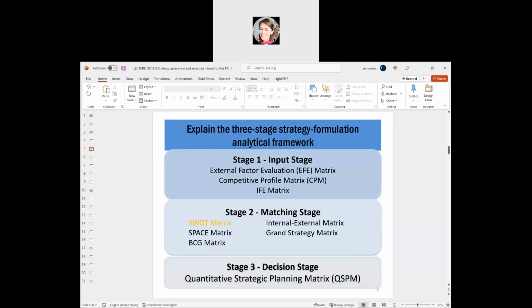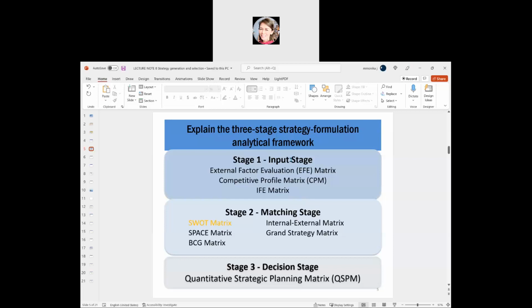So this stage is actually making small decisions in the input matrices, like what critical factors affect the organization, whether or not they should be taken into consideration. It really is about the external and internal factors that are relevant or important in helping strategists to generate and evaluate alternative strategies more effectively. So this is what's happening in the input stage.